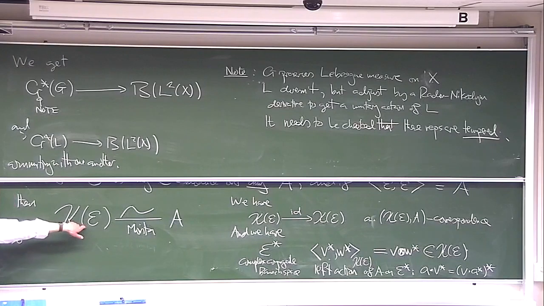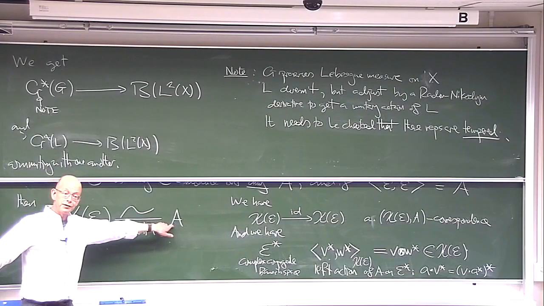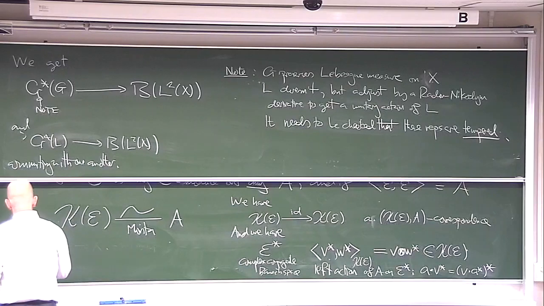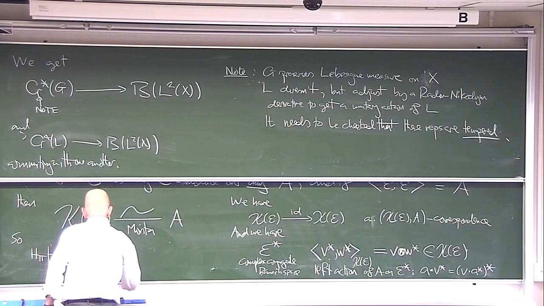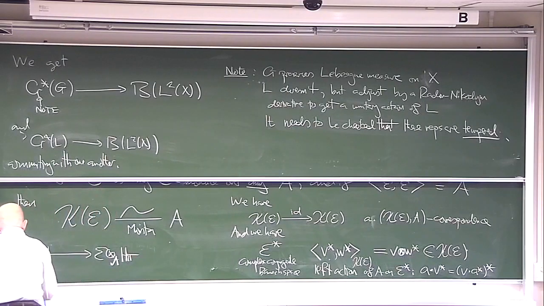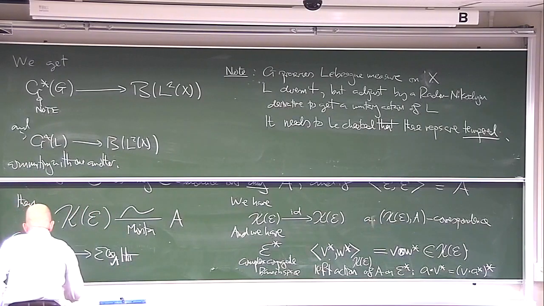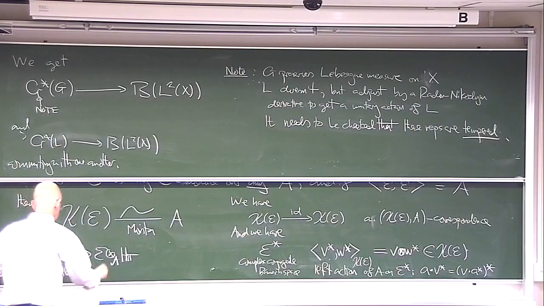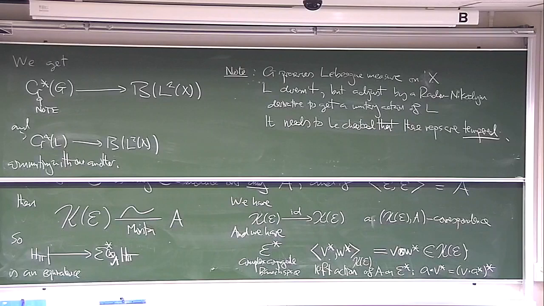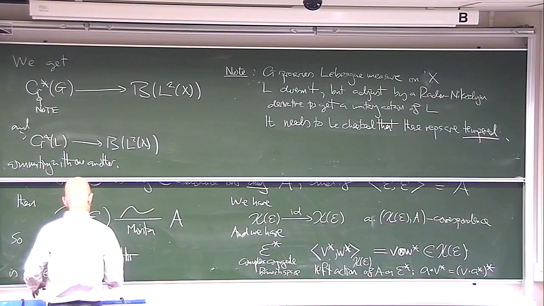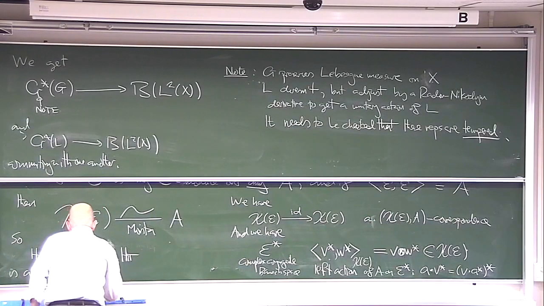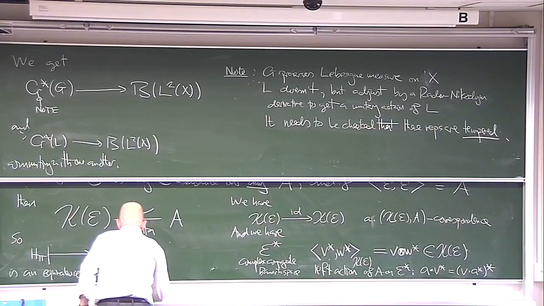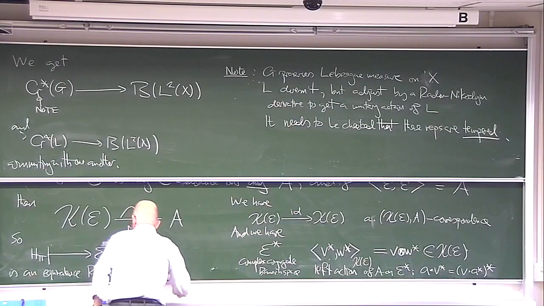So the representations of this C-star algebra are exactly the same as the representations of this C-star algebra. And the map is standard. It sends H pi to E tensored over A with H pi, and this is an equivalence from the category of representations of A to the category of representations.